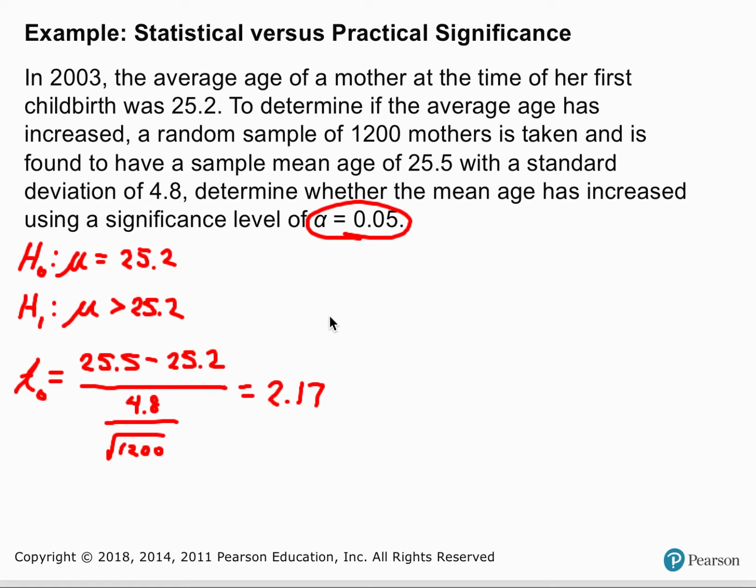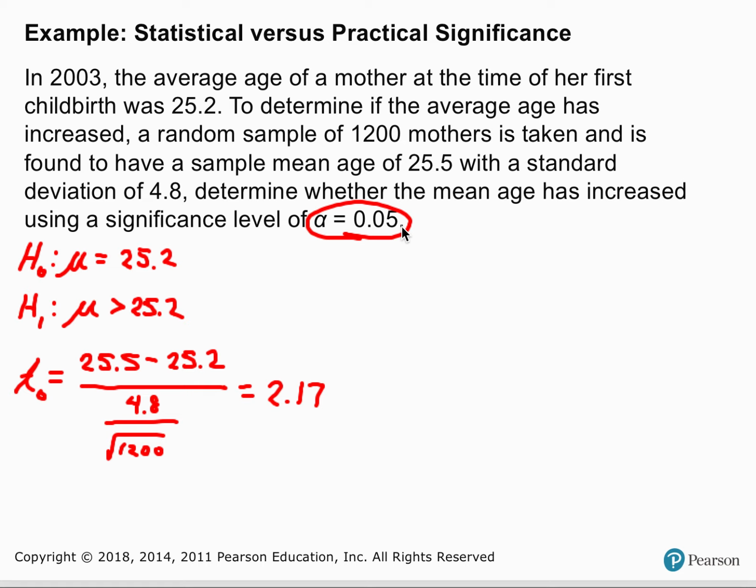Because this is a right-tailed test, I don't have to double anything, and I'm just looking for 0.05. But since there's 1,200 minus 1, 1199, I need to look at that very last row. If it's more than 1,000, we use the very last row.